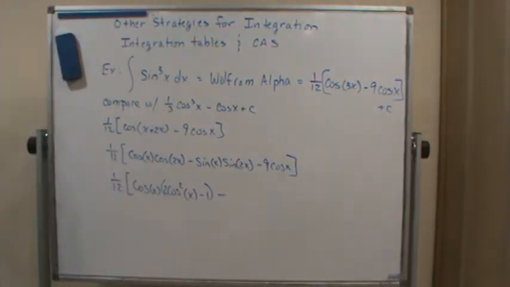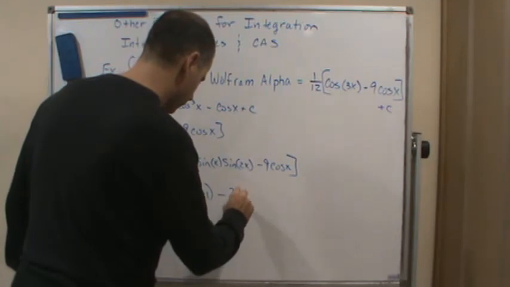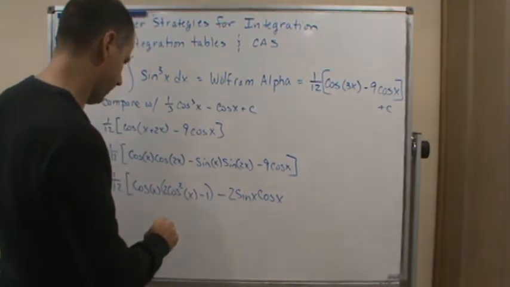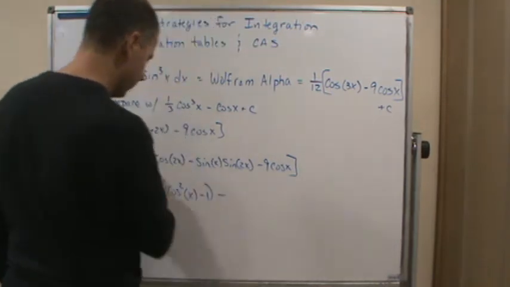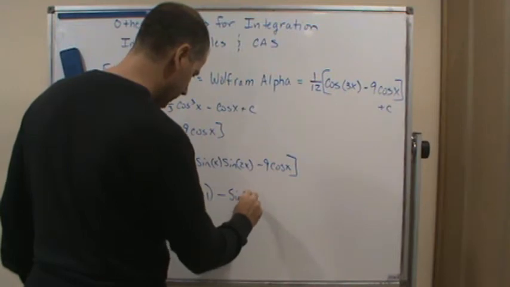Now I can also do another double angle identity with sine. Okay, so sine 2x, we could use another double angle identity, and that's going to involve a product. Oh, wait a minute. I've dropped my sign. So minus sine x.